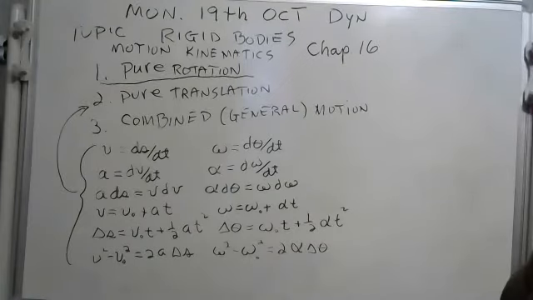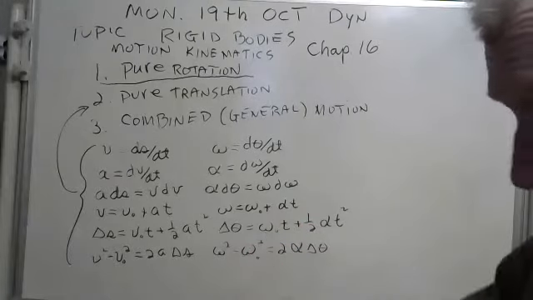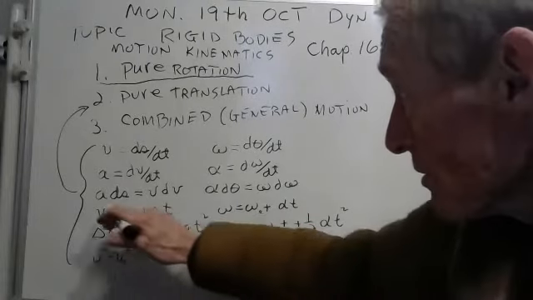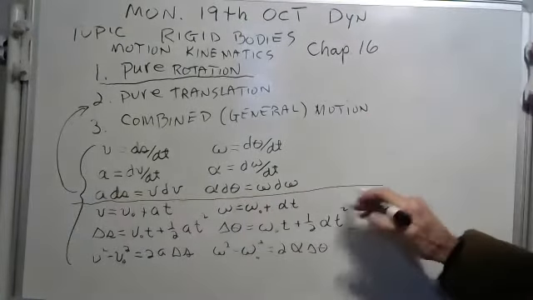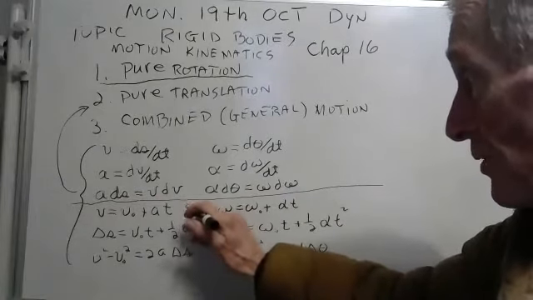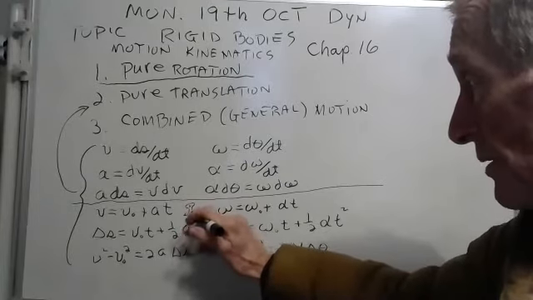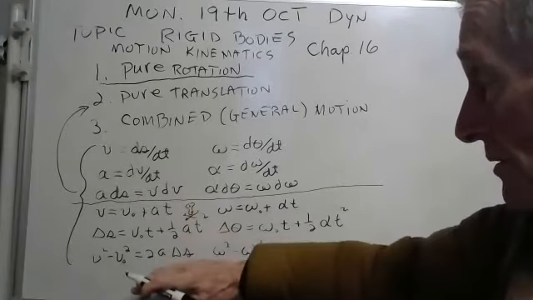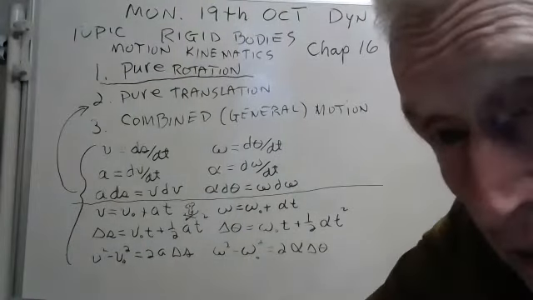Now there's a catch, and you guys know that. The catch is all of these equations have a skull and crossbones on them. You got to be careful about using all of these because they are what they call constant acceleration equations.